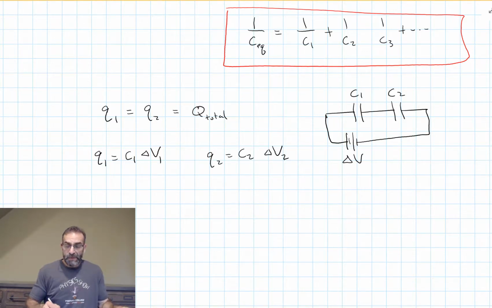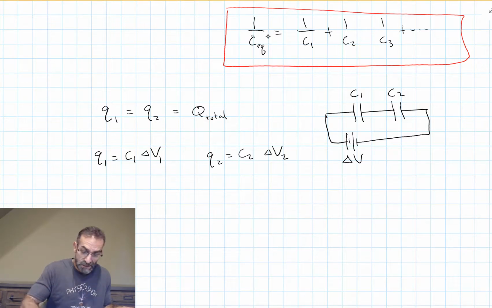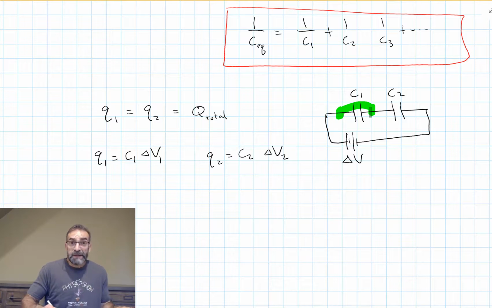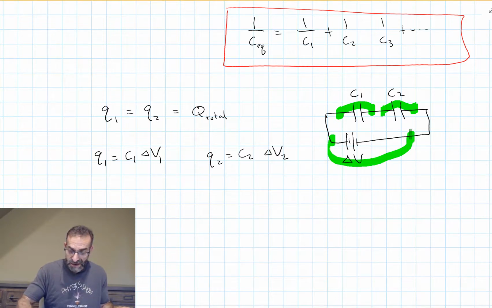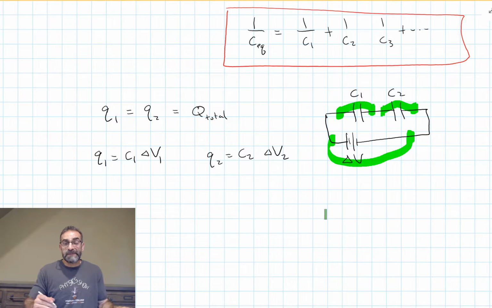And we know that the potential difference across the first capacitor plus the potential difference across the second capacitor has to equal the potential difference across the battery. That's what's supplying the potential difference, and it's split between the 2 capacitors.